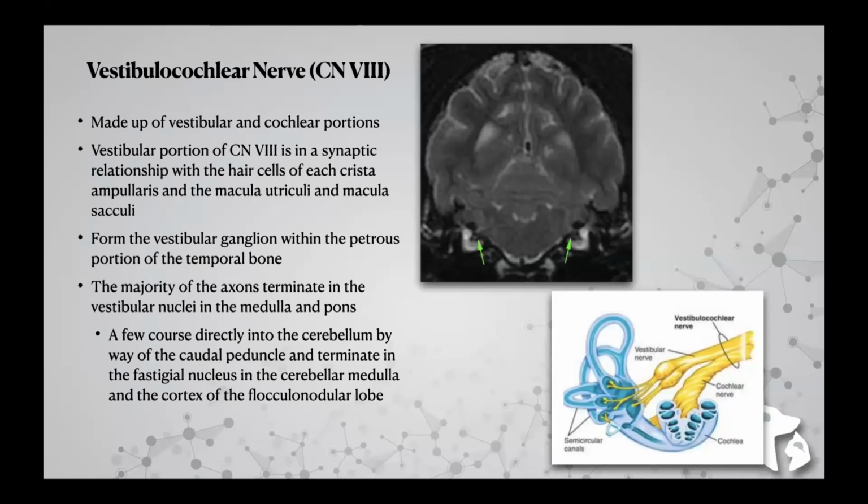They look like little rubber ducks, so that's what we're looking for. It's somewhat difficult, I will admit, but with the arrows, you see these two little gray lines leaving the back of the rubber duck and going into the brain. That is the vestibulocochlear nerve.